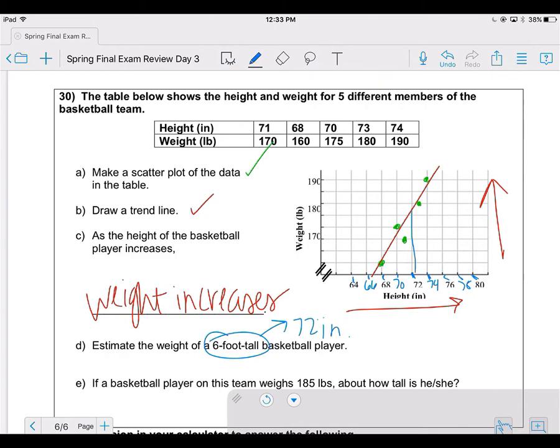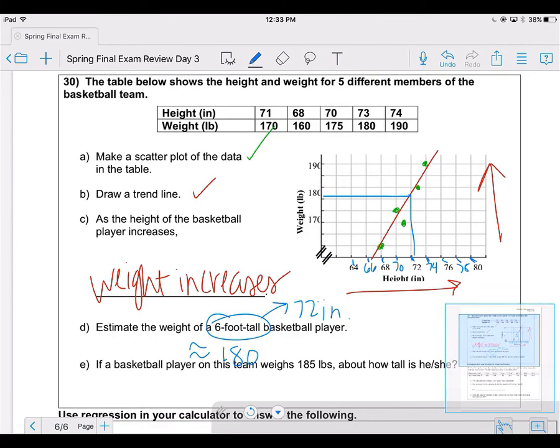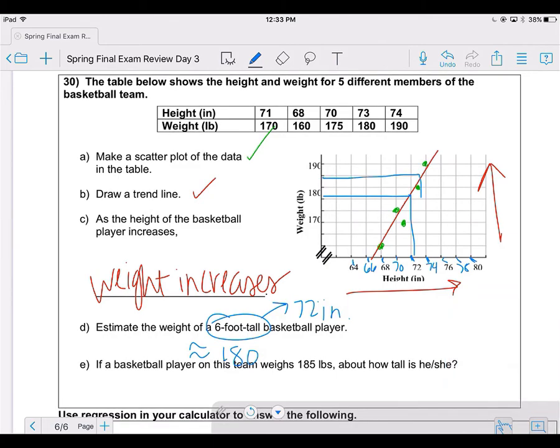So 72 would be maybe about 180. And if a basketball player weighs 185, they're probably, well, I think my scale's off again. So let's just go with like 75 inches.